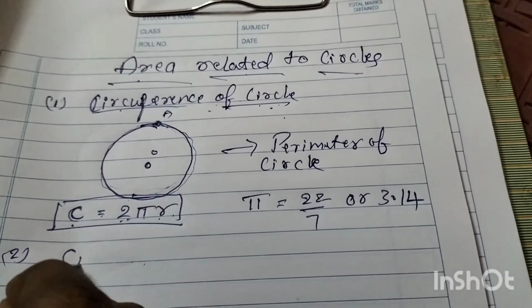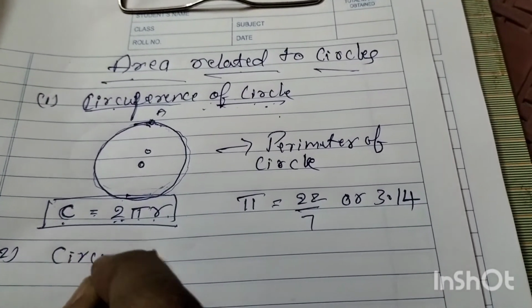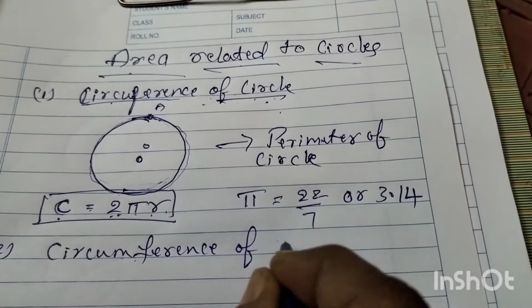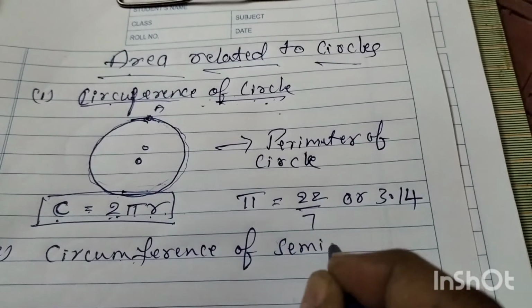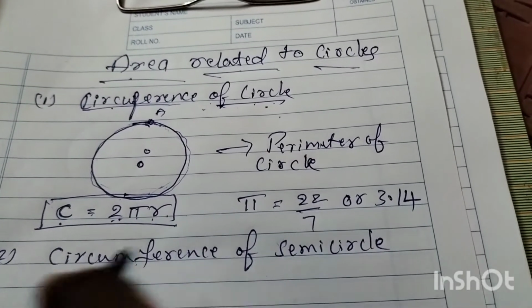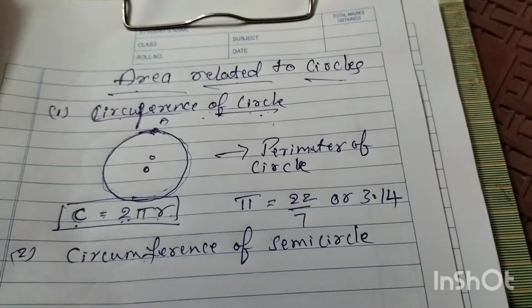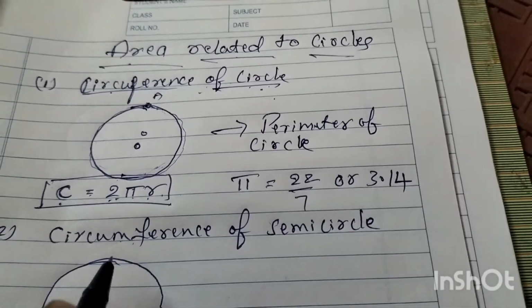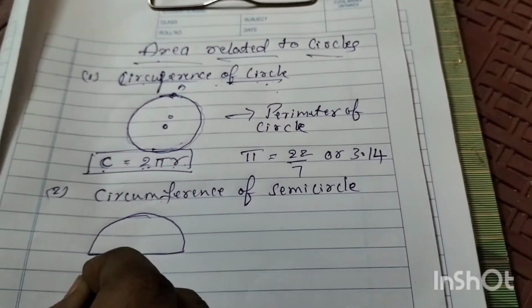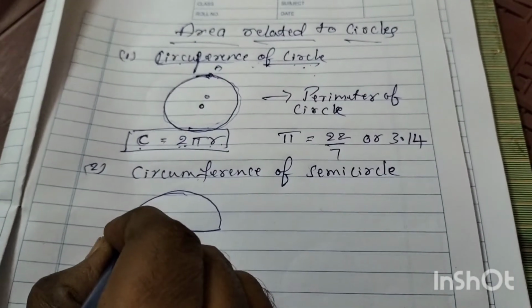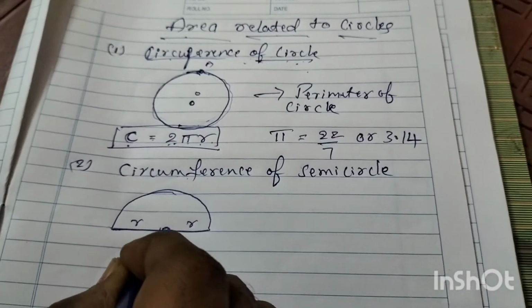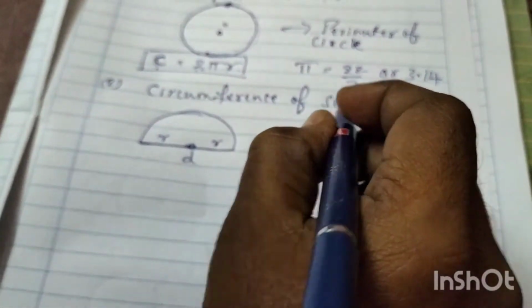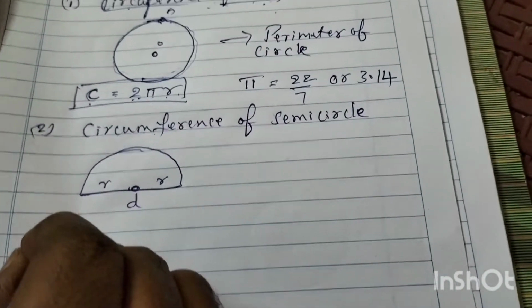Second, circumference of semicircle. Consider this semicircle with the diameter. Here the radius, and this is called diameter. So circumference of the semicircle is half circle.